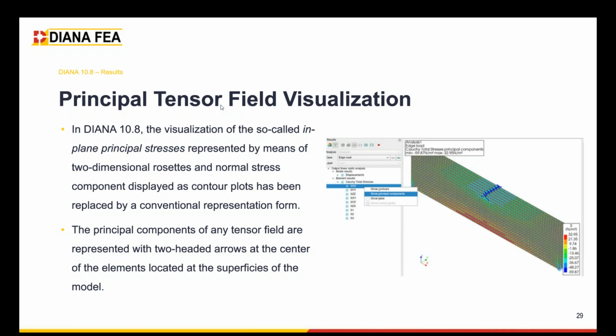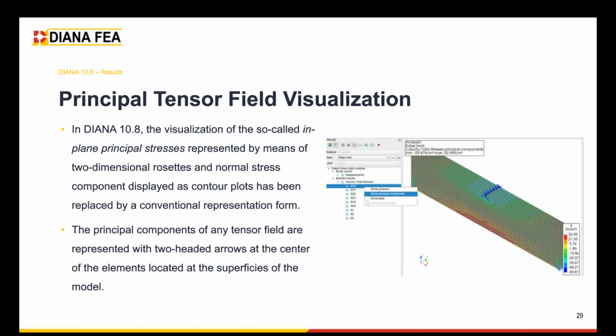I will continue with a new item in results. For the principal tensor field visualization, in previous DIANA versions, we had the so-called in-plane principal stresses that were represented by means of two-dimensional rosettes and normal stress component displayed as contour plots.